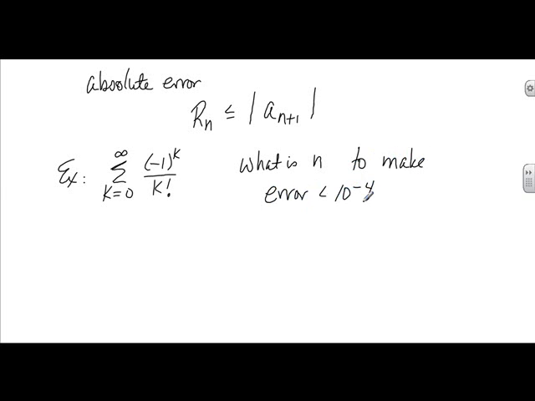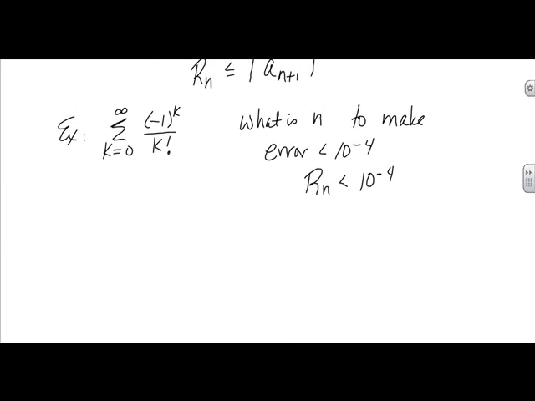So again, R sub n less than 10 to the minus 4th power is kind of what we're looking at there. Now here's how I would recommend doing this. I'm thinking this R sub n is less than the absolute value of the next term after the nth partial sum. So what I want to do is write out, I'm not going to be able to do it specifically for every single term, but I want to show the first n terms of this series.